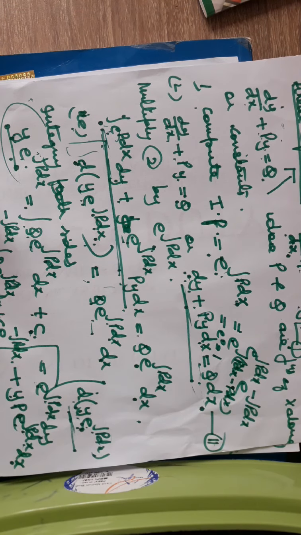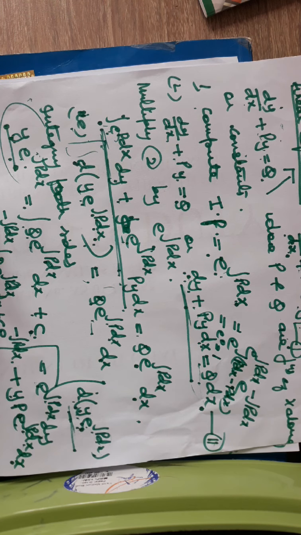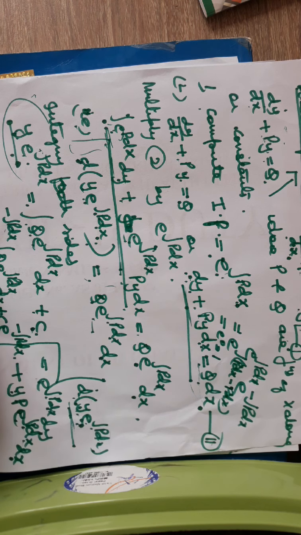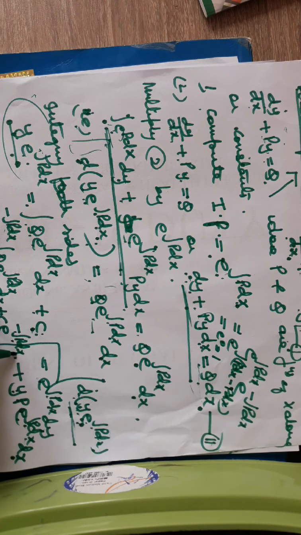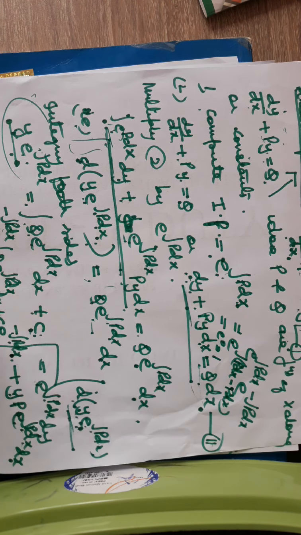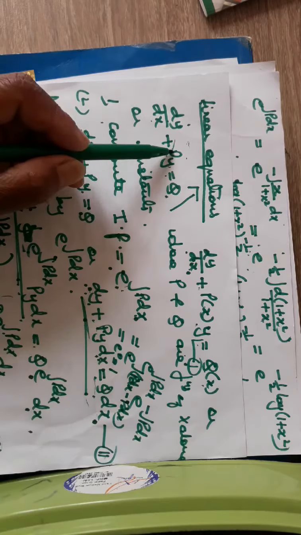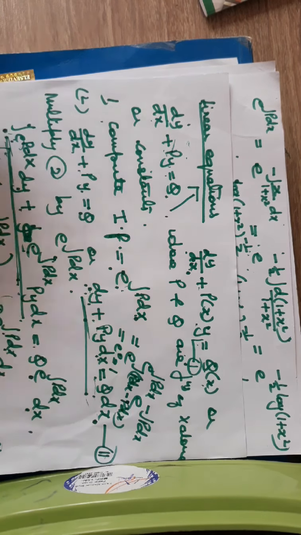So the left hand side here will be y only, and on the right hand side, multiplying by e to the power minus integral p dx, you get e to the power minus integral p dx times the integral of q e to the power integral p dx plus c. After solving the right hand side, you will get the required solution of the linear equation dy/dx + py = q.